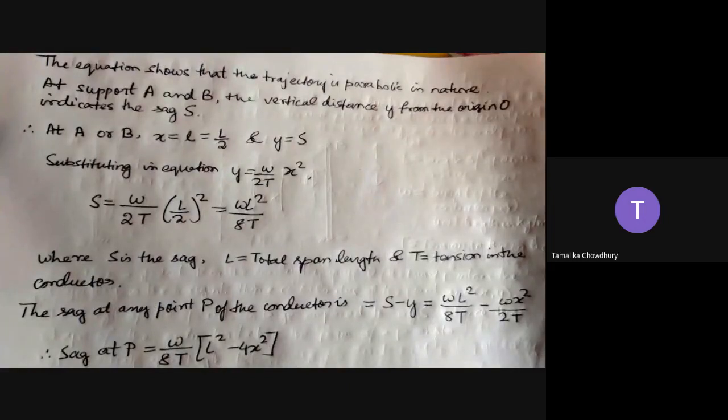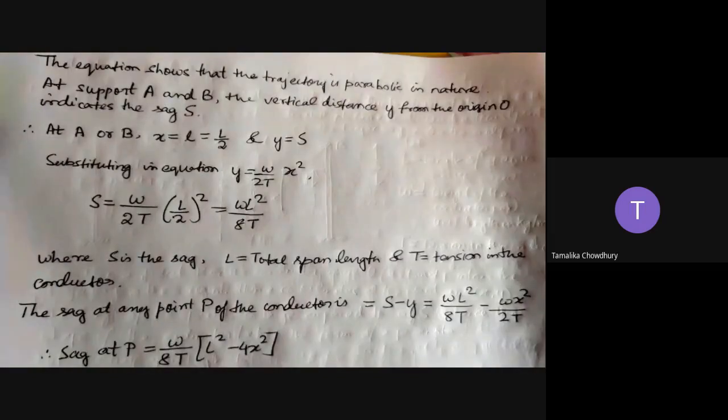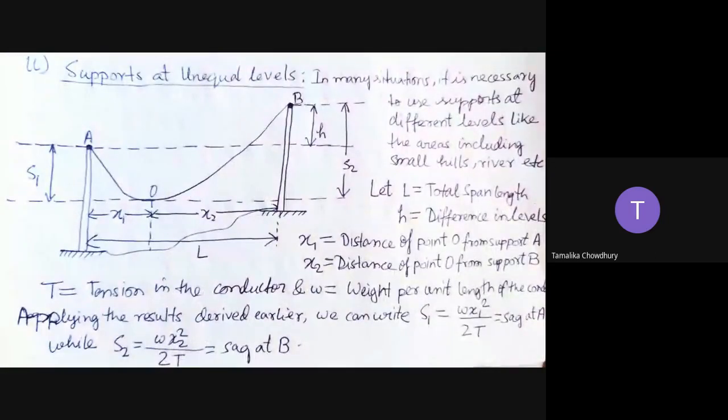In place of L by 2, now I am putting x1 and x2. So when I am putting x1, it is W x1 square divided by 2T, and for S2, W x2 square by 2T. I am putting the same formula. S equals W by 2T into the distance square. So S1 equals W x1 square divided by 2T. Are you getting this? Sag at A and sag at B. Same formula I am just putting for sag S1 and S2. Is it clear?